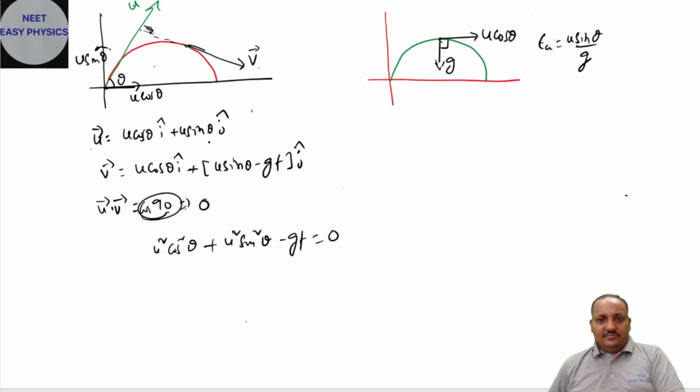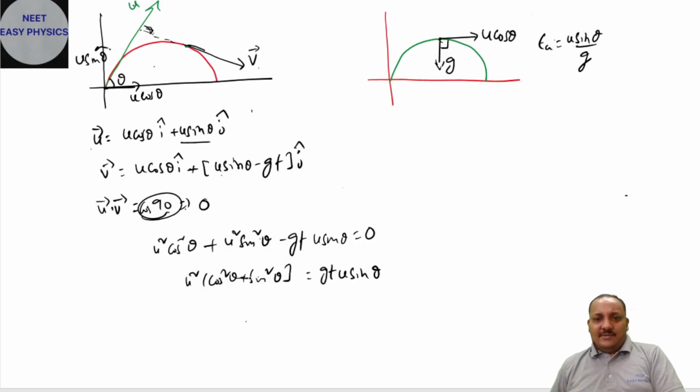Next, u sin theta into u sin theta, u square sin square theta, and u sin theta into gt. So what you will get? u square cos square theta plus u square sin square theta minus u sin theta into gt equal to 0. What is the common here? U square. U square into cos square theta plus sin square theta is equal to, you can send this one to the right side, gt u sin theta.